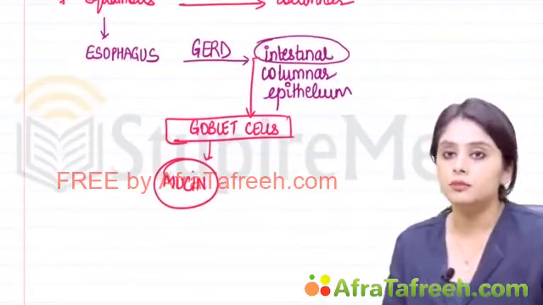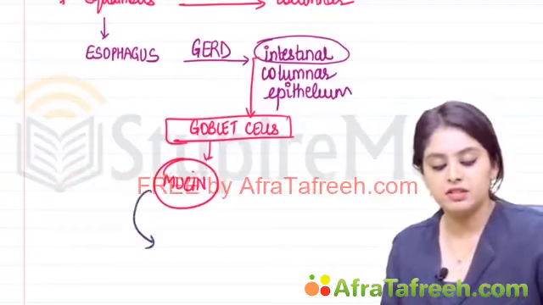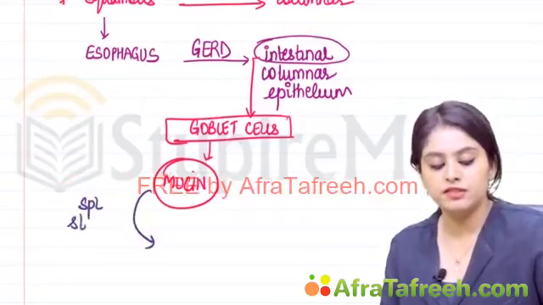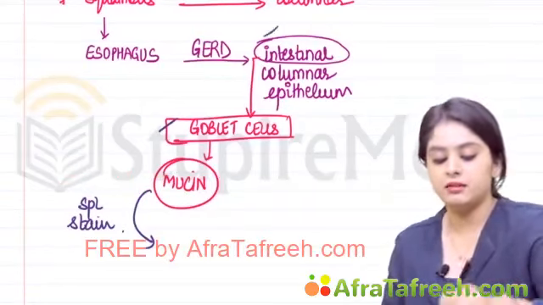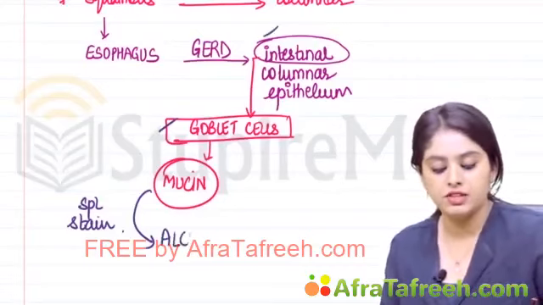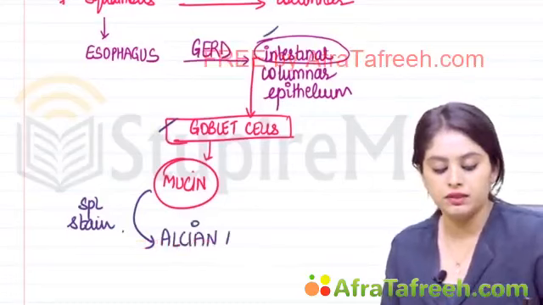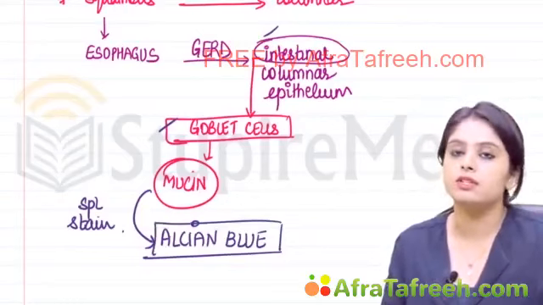The question that comes now is, is there any special stain that can be used for staining this mucin or staining this goblet cell in this particular condition? That is known as Alcian blue. Same things we will also discuss again when we do GI pathology.